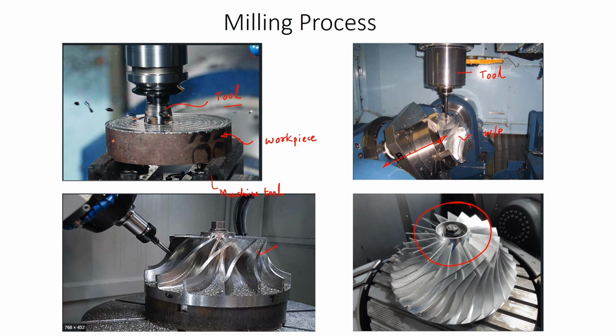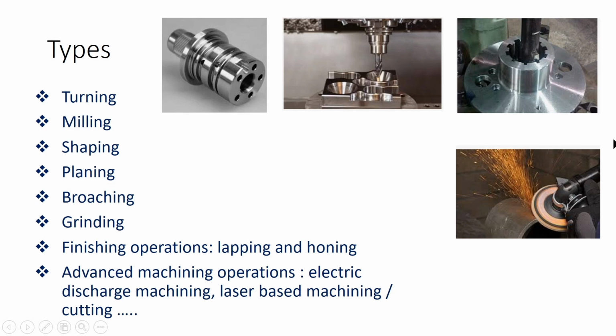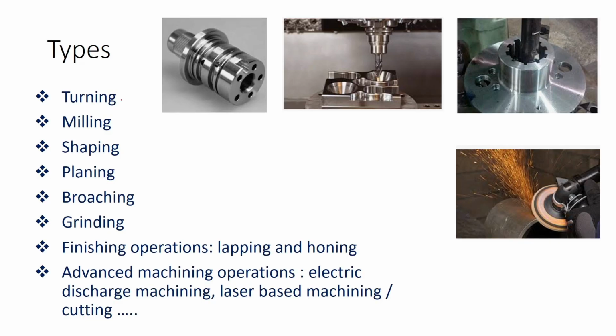we are giving multiple degrees of freedom to the tool to get the required shape. Well, in addition to the milling process, there are various processes such as turning. We carry out the turning operation on a lathe machine. Shaping and planing operations are used to generate plane surfaces or flat surfaces. The flat surface may be an inclined surface as well. Broaching is an interesting application.